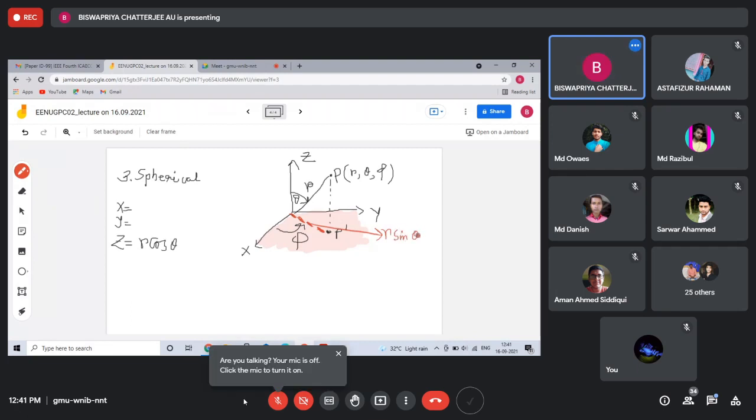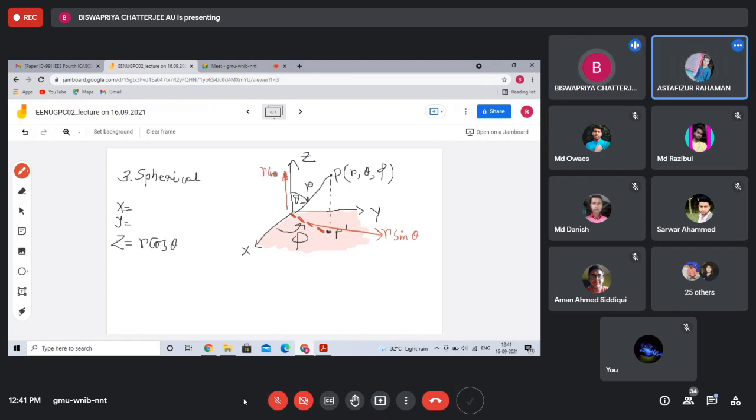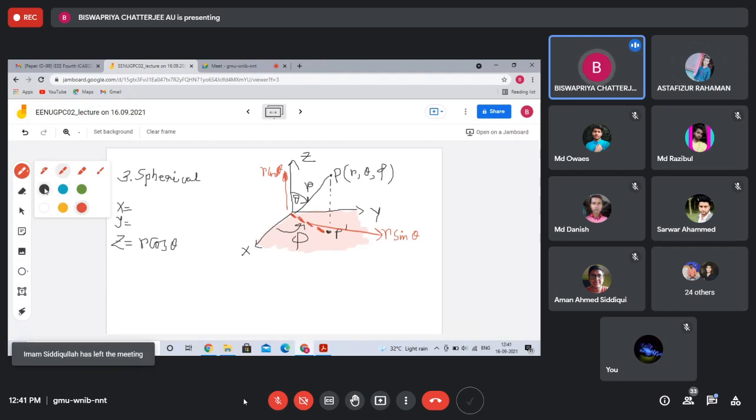So the component along r will be z. One component is r cos theta, and the other component is r sin theta. If this is r sin theta, can you please tell me what x equals to?